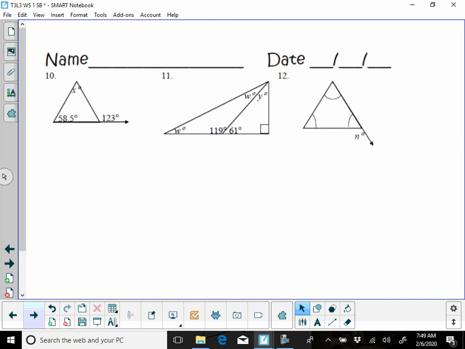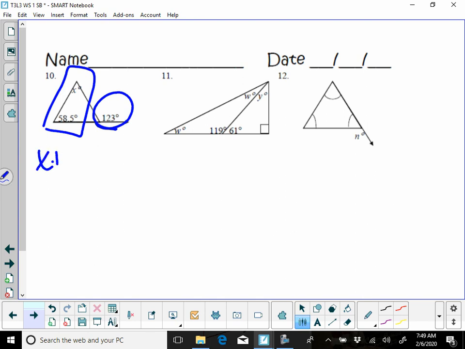All right, number 10. This time you have the external angle, so you know the external angle equals the sum of the two internal angles. So for x, in other words, x plus 58.5 is going to equal 123.